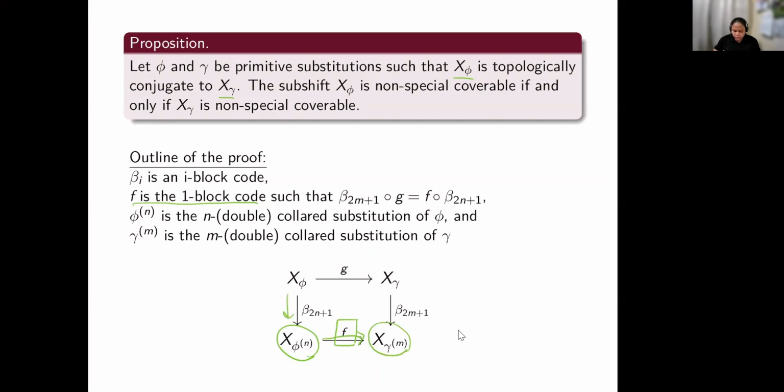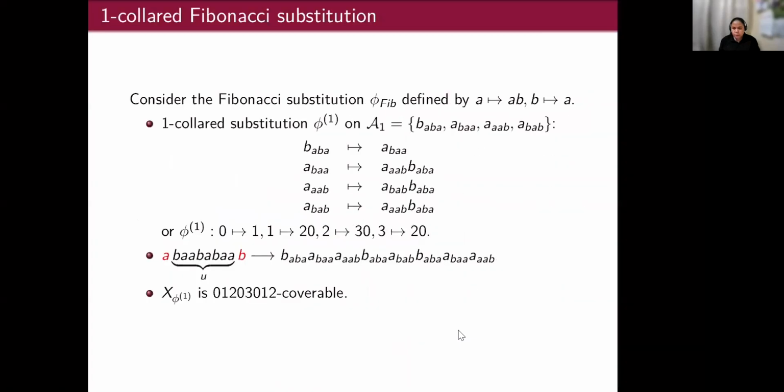In these directions, it's better to illustrate using an example. So let's consider an example, the Fibonacci substitution. Earlier, we remarked that U here is a non-special cover. It's uniquely extended to the left with a letter A and uniquely extended to the right with the letter B. So what do we mean by a one colored substitution?